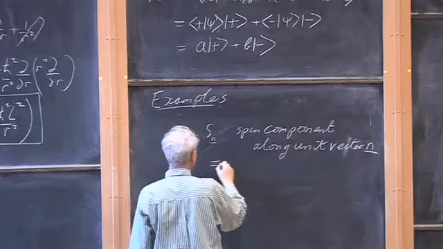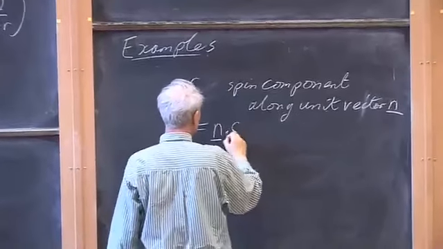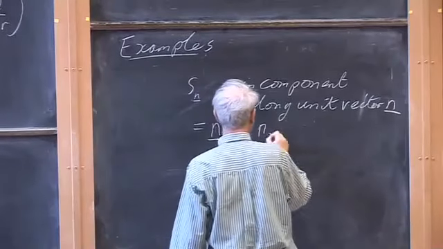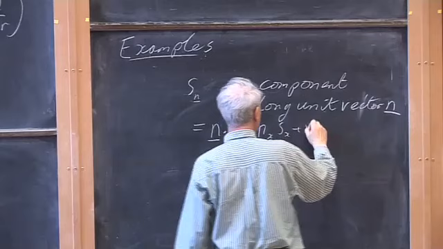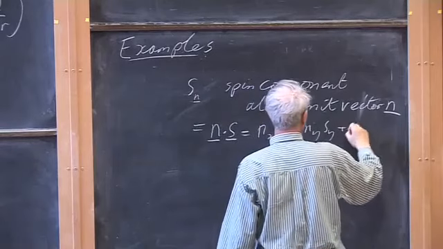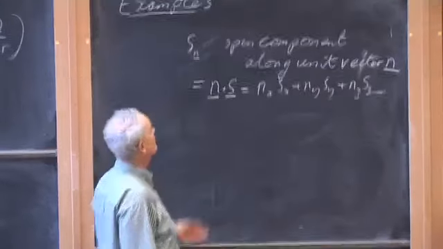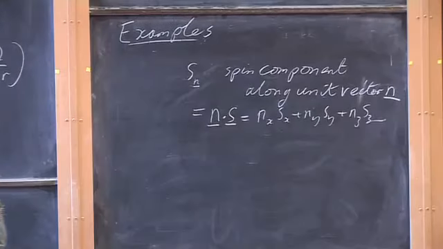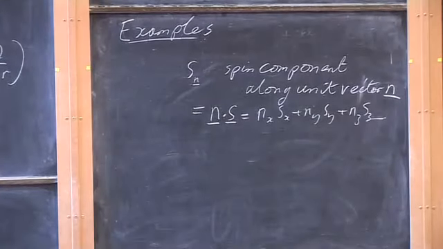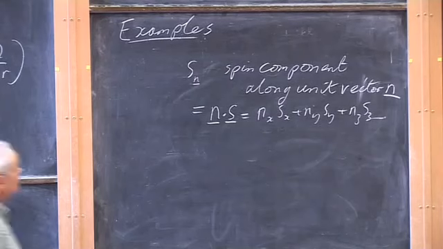What is it mathematically? It's n dot s. In other words, it's nx sx plus ny sy plus nz sz. What I've just written down would apply for any spin, not just spin a half.